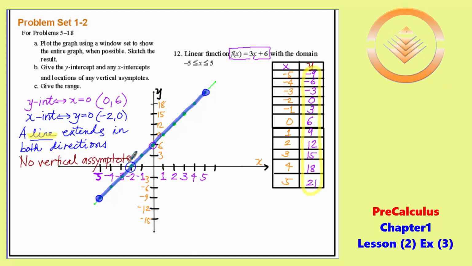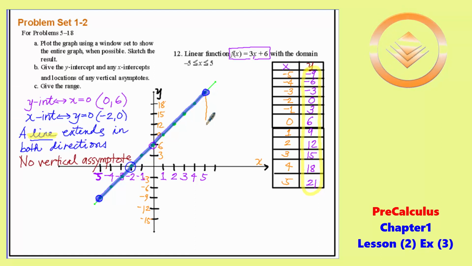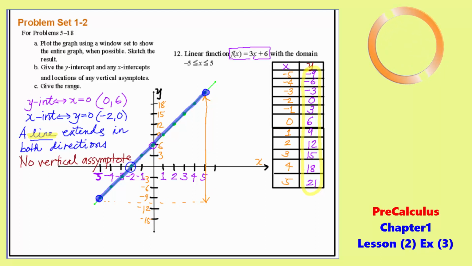Give the range. What is our range? Our range is from this point to this point. This is our range here. So what are the values in that range?